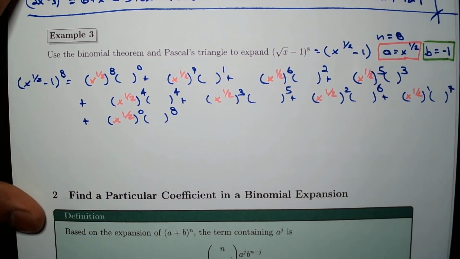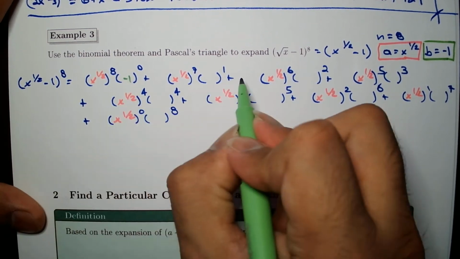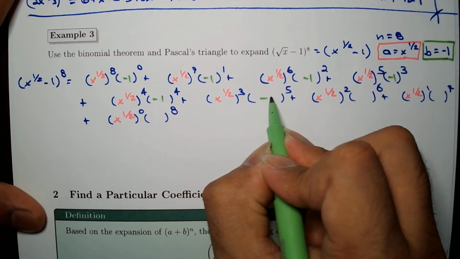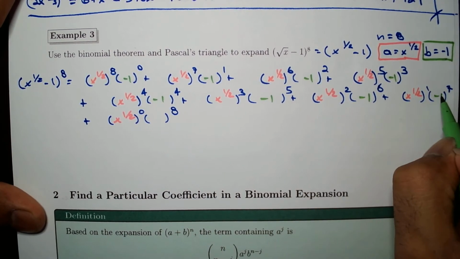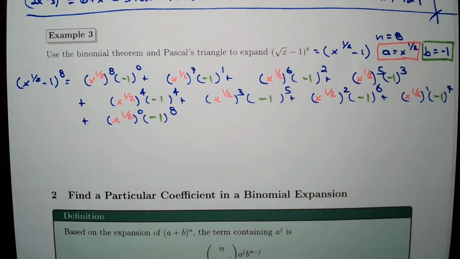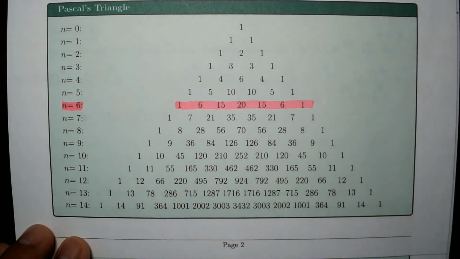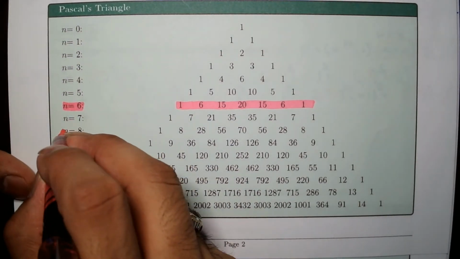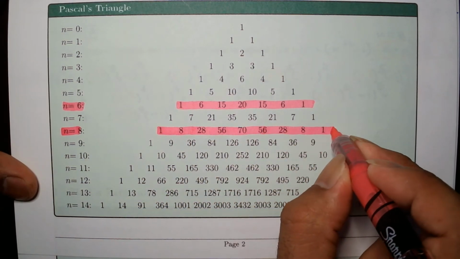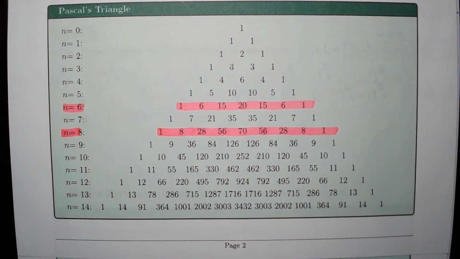And then let's put the b's with green, negative 1, negative 1, and now let's put the binomial coefficients. Those we get from Pascal's triangle, again using n equals 8. We are going to use all these coefficients: 1, 8, 28, 56, 70, 56, 28, 8, 1.